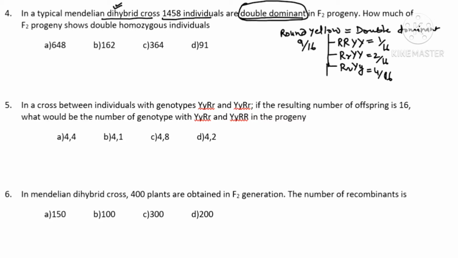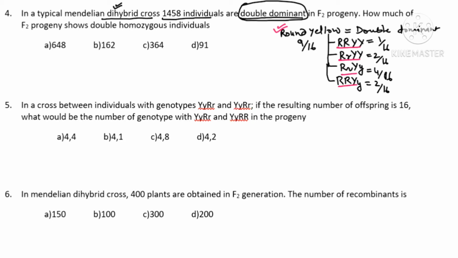Another condition you can make this way: capital R, and this is heterozygous. So you will get 2 out of 16. Now if you count it, in total you are getting 9 out of 16. So the round yellow phenotype can exist in this genotype, this genotype, as well as this genotype. Understood?